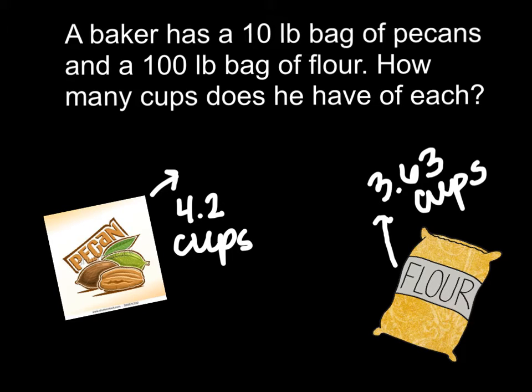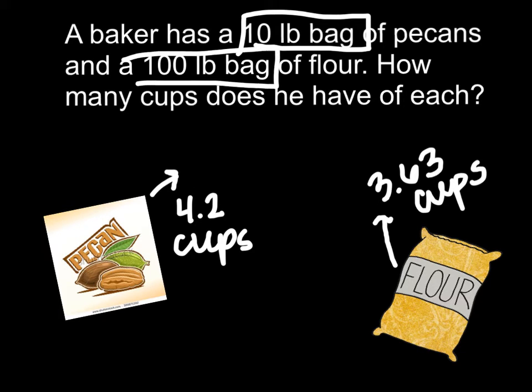Let's jump in, and I've got a problem here that we're going to solve together. It says a baker has a 10-pound bag of pecans and a 100-pound bag of flour. But we want to know how many cups we have of each. If you look at our information, we know that we have 3.63 cups of flour and we have 4.2 cups of pecans.